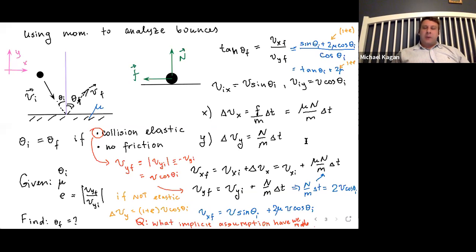So assume that the bounce actually takes a few milliseconds, and the speed changes by, say, a few meters per second. Then the acceleration is on the order of thousands of meters per second squared, or like order of magnitude 1,000 meters per second squared. That's much, much greater than g, which is 10 meters per second squared. So ignoring gravity is perfectly okay. That's not a huge assumption.